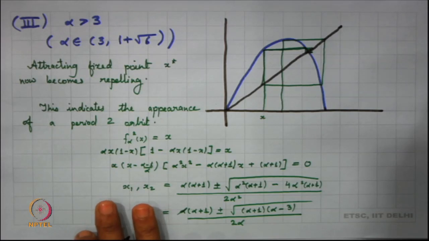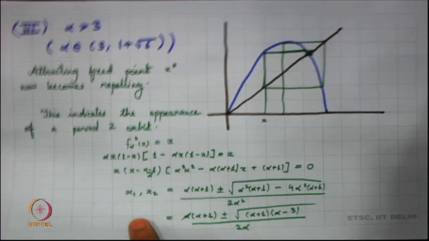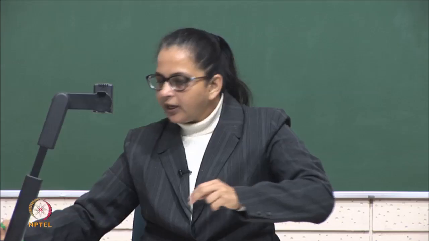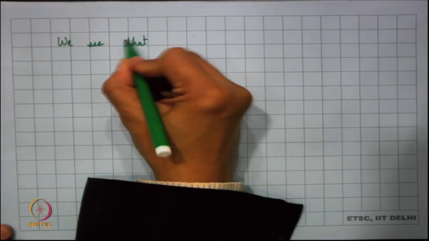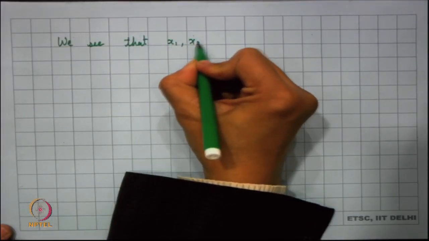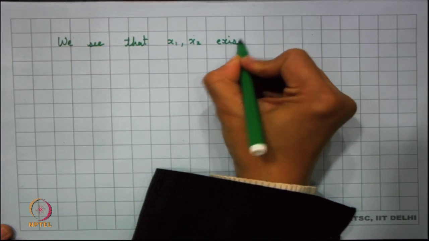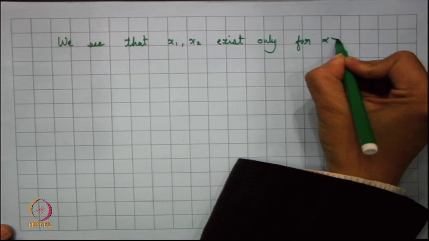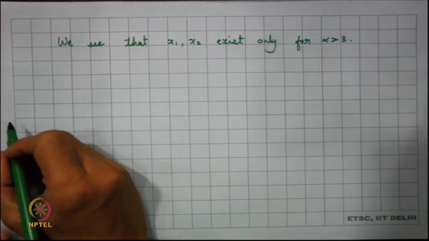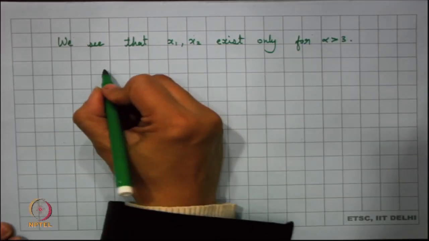x2 exist, right, we can now think of what happens to the dynamics or what happens to this particular period 2 orbit. So, we see that, right. So, only when alpha is greater than 3 it exists, and now we can look into the dynamics.